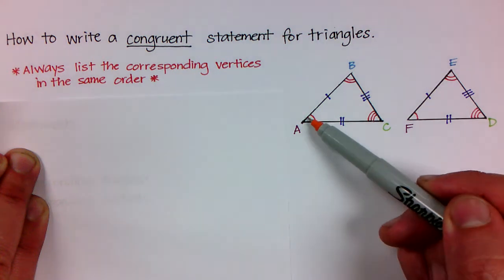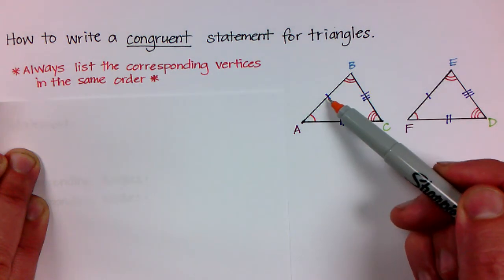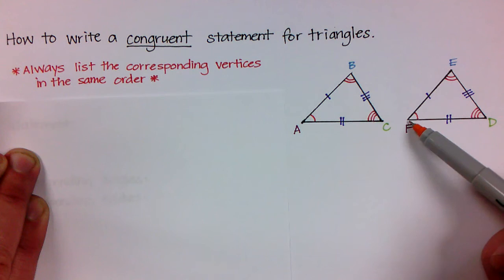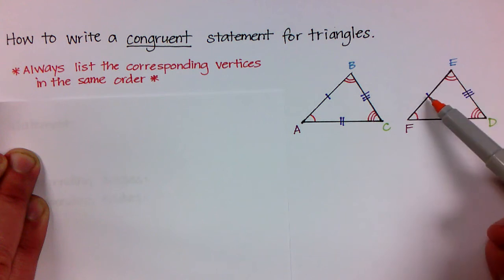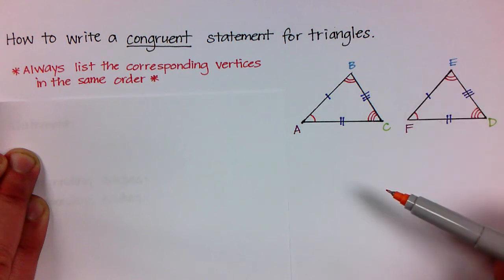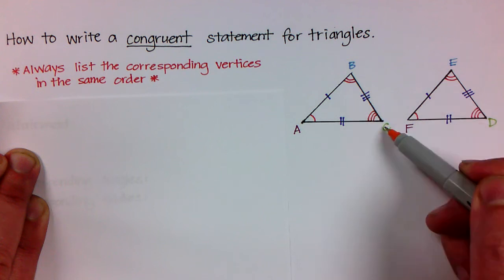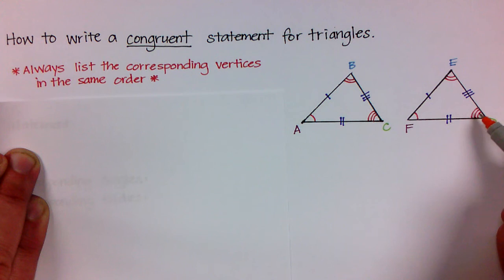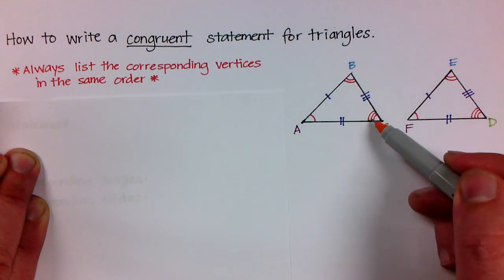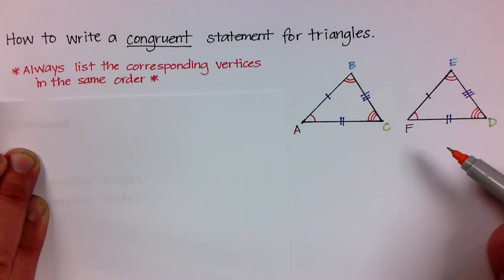Here we can see that this length from A to B has a single marking on it, and so does F to E. That means that the lengths of those are equal, that they are congruent segments. Same with, let's say, angle C and angle D, how they both have three little arches on them. That means that those are corresponding angles, that the angle measurements are equal.